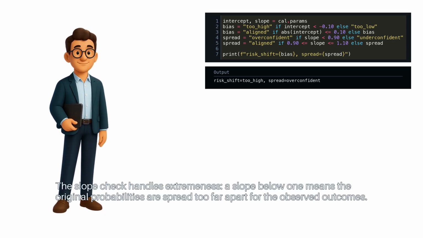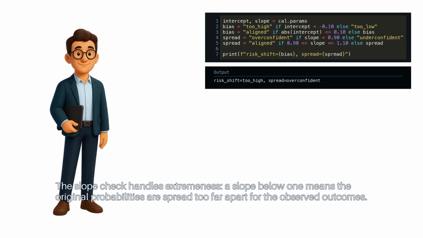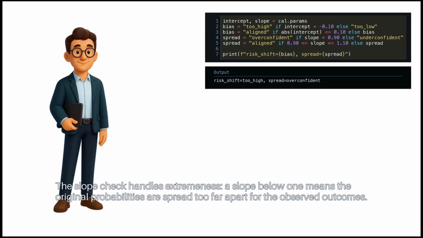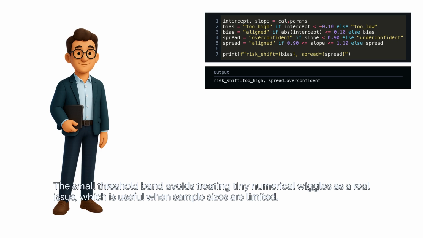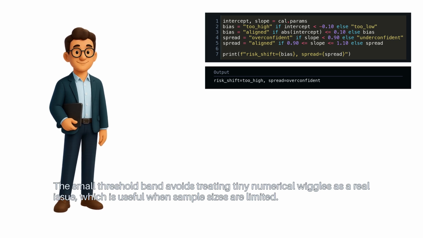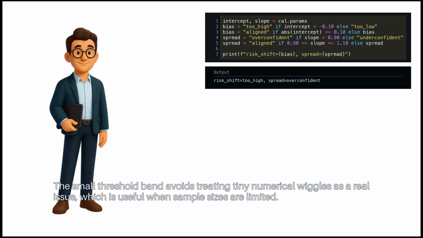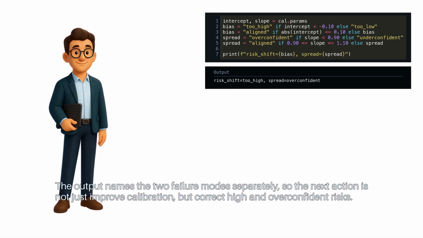The slope check handles extremeness. A slope below 1 means the original probabilities are spread too far apart for the observed outcomes. The small threshold band avoids treating tiny numerical wiggles as a real issue, which is useful when sample sizes are limited. The output names the two failure modes separately, so the next action is not just improve calibration, but correct high and overconfident risks.